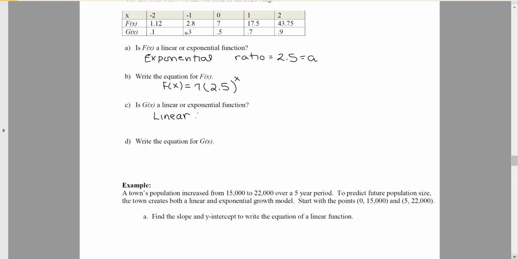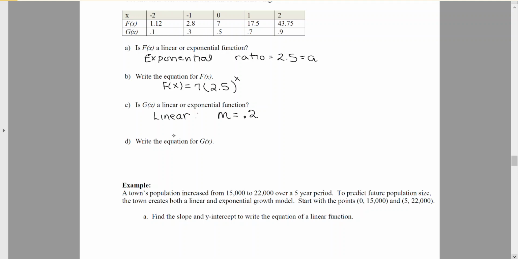And the average rate of change, or my slope, is 0.2. That's how it changes for one increment in x. It changes by 0.2 of an increment in the y value.